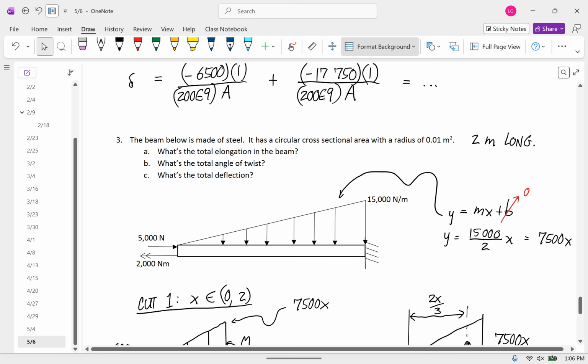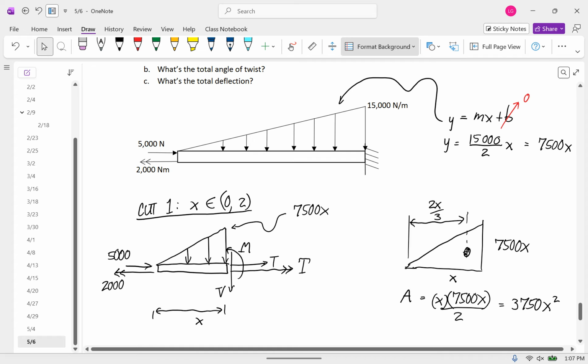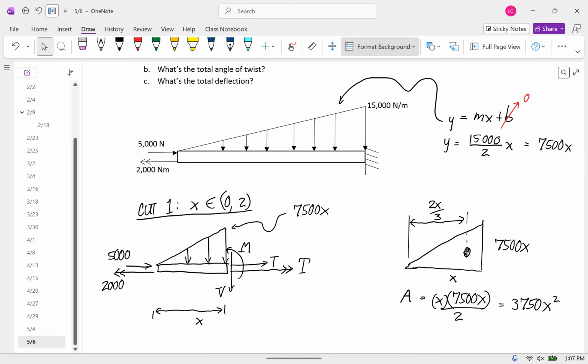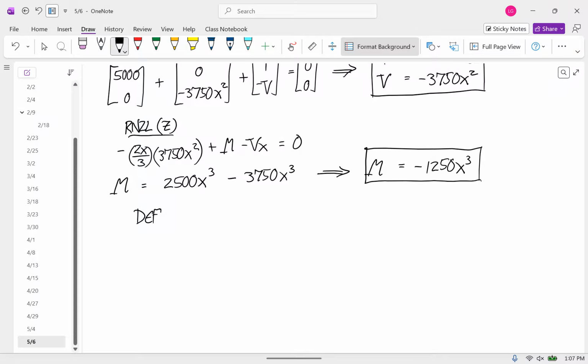And now what's the total deflection? So what we're looking for this time, since this is facing the other way, is the deflection at that point x equals 0. And we have to go through the differential equation process. So here's what we know for the deflection.